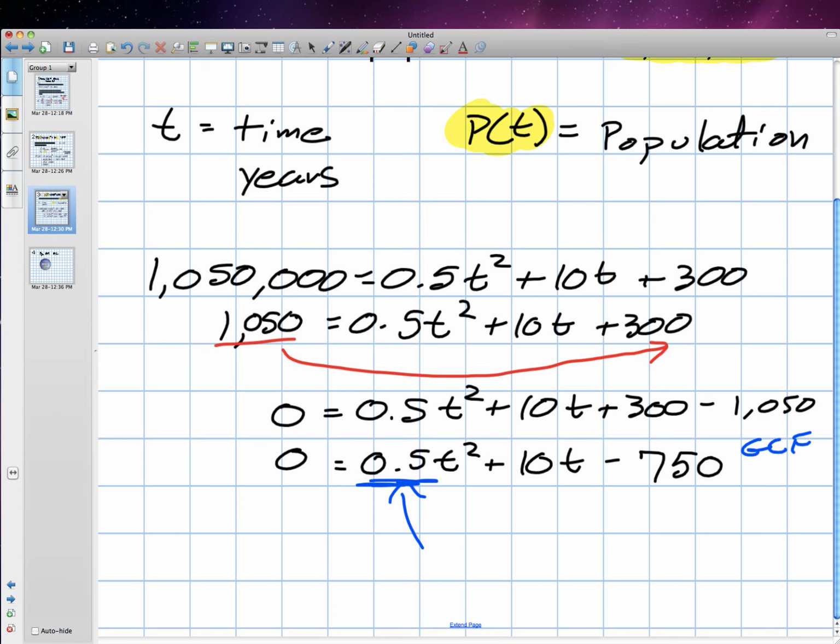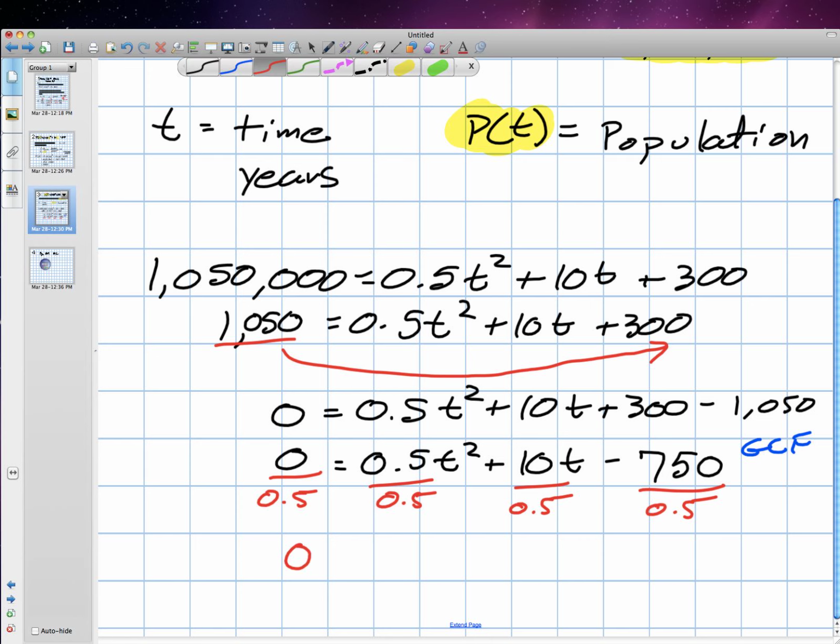We're going to divide each of these, including the other side of the equation, by 0.5. So, when I divide 0 by 0.5, what do I get? 0. That's right. So 0 equals t squared.